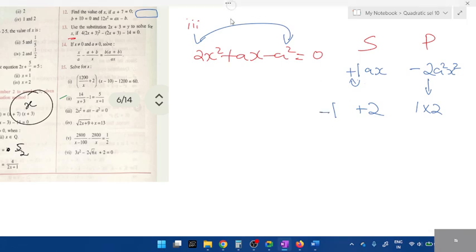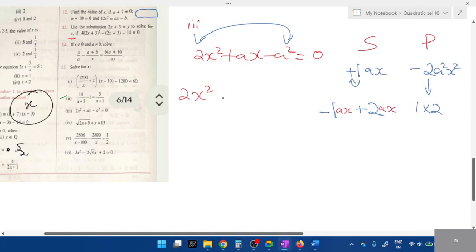Minus. That's it. It's the same concept. Only thing, this alphabet, what if we write ax here and ax. So let me take 2x square minus 1ax plus 2ax minus a square is equal to 0.